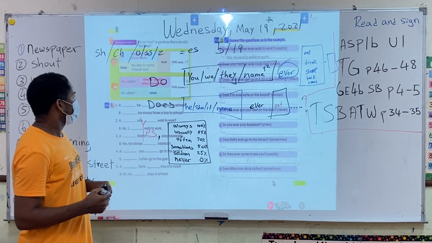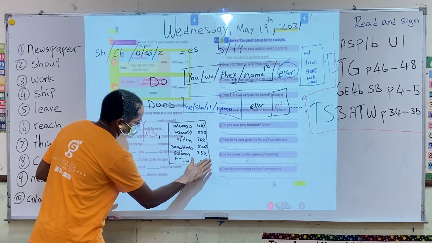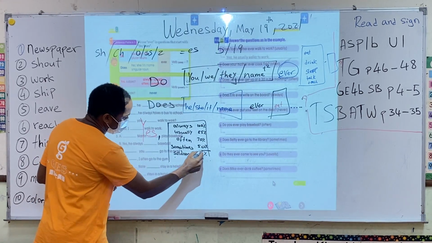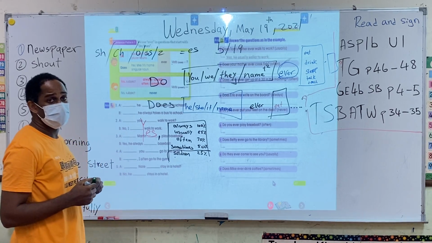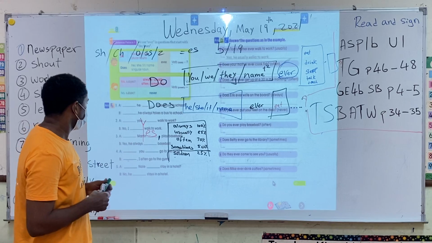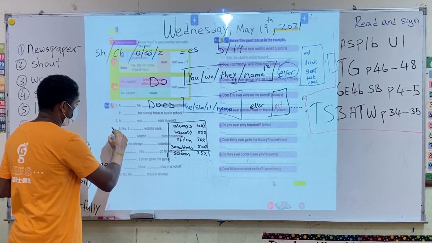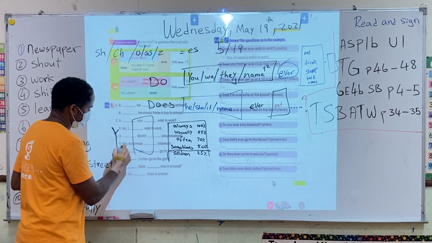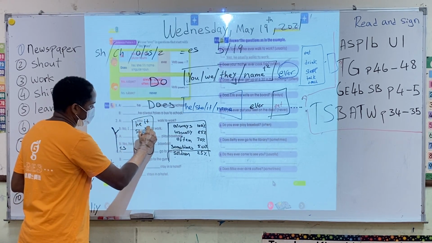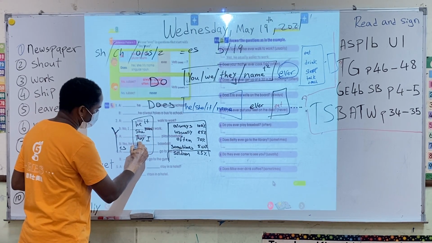So never will always be no, that means you never do it. But sometimes seldom can also mean no. So it has to be yes, followed by, sorry, I missed one, yes, followed by he, she, it, name, they, I, you.